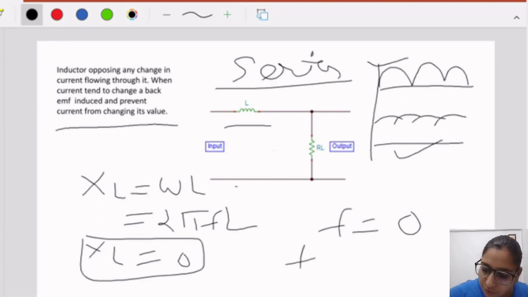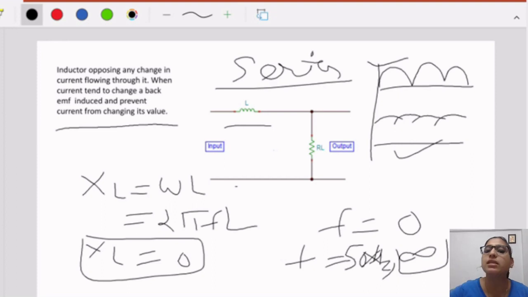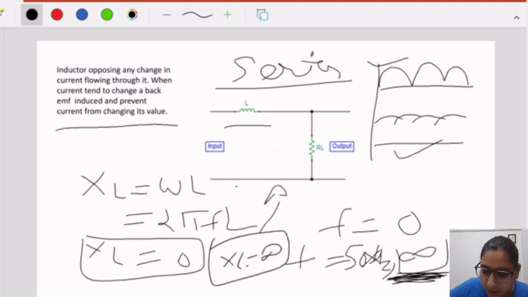For AC, F will be, let's suppose, 50 hertz, or in the maximum case we can consider it as infinity, meaning the range beyond everything. If we consider the maximum range of frequency, then XL will become infinite for AC signals. It means it will provide infinite resistance for the AC signal.